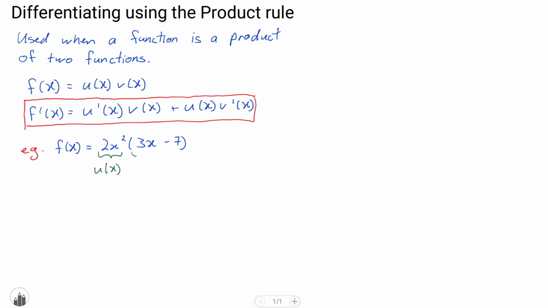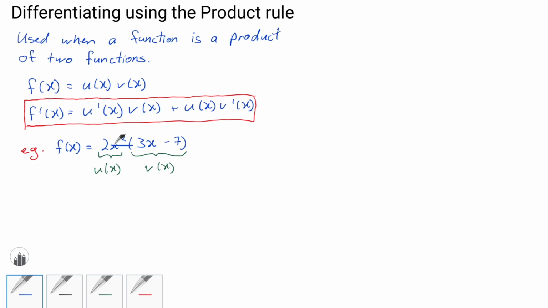And this thing over here is going to be our v of x. Okay, so let's try this using our original method first, because you can see that at this stage you could really just expand the brackets and then differentiate how you normally would, right? So let's see how this turns out first.